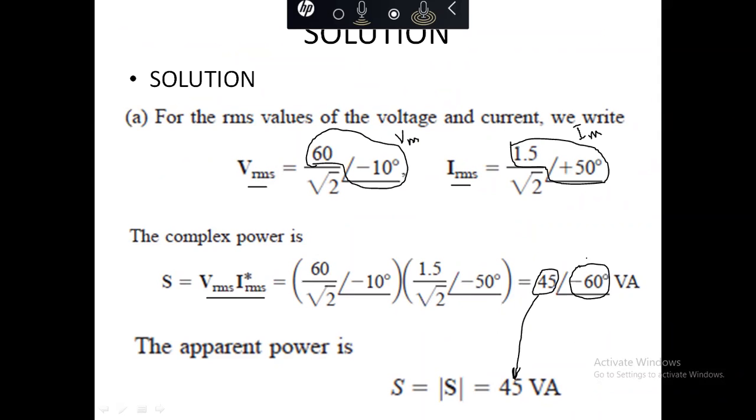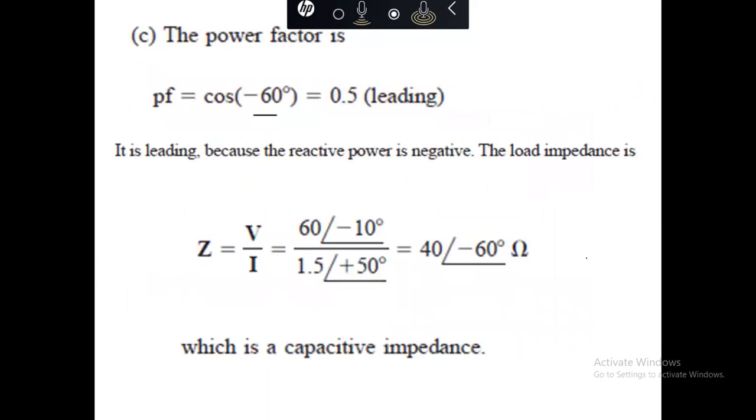So that is 0.5 leading, and we have the impedance value, voltage divided by current. So we have the value of the impedance, which is 40 at the angle of -60°. So that impedance is capacitive because the angle is negative. I hope you are clear about it here.